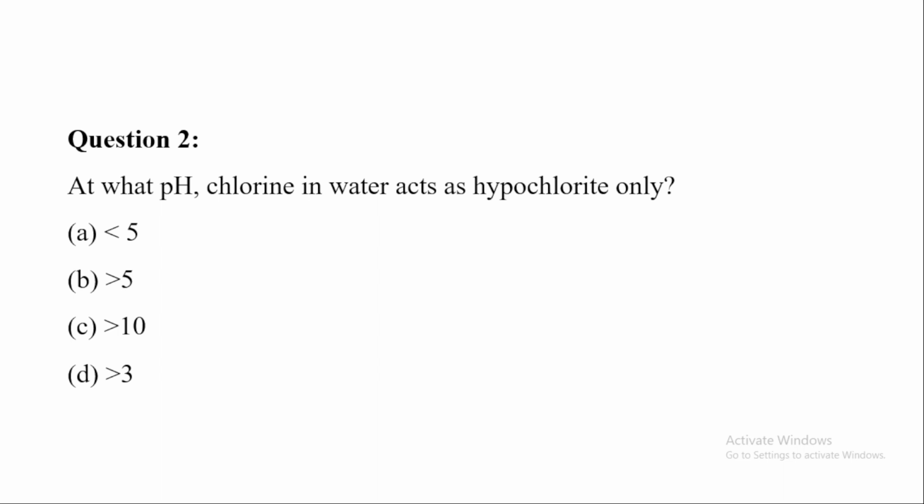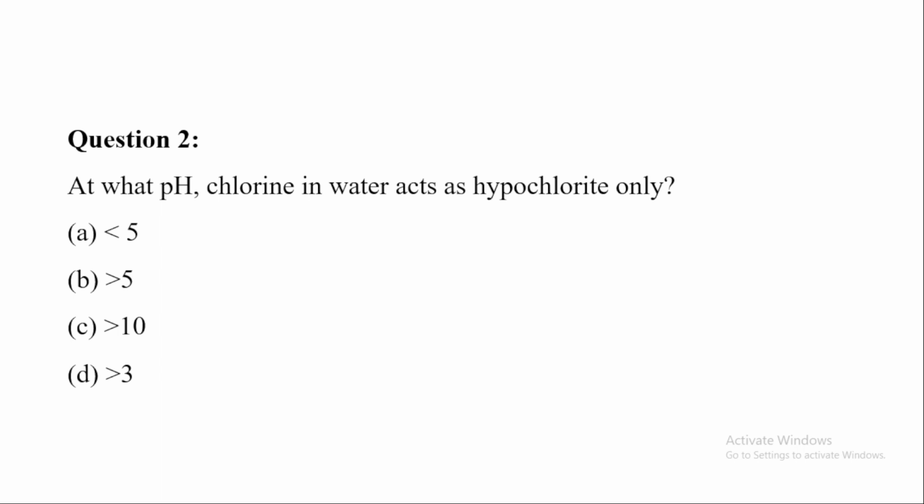After the chlorine reacts with water, there are certain free residuals of chlorine present in water. These are Cl2, HOCl, that is hypochlorous acid, and hypochlorite, that is OCl minus ions. HOCl further dissociates into H plus and OCl minus.